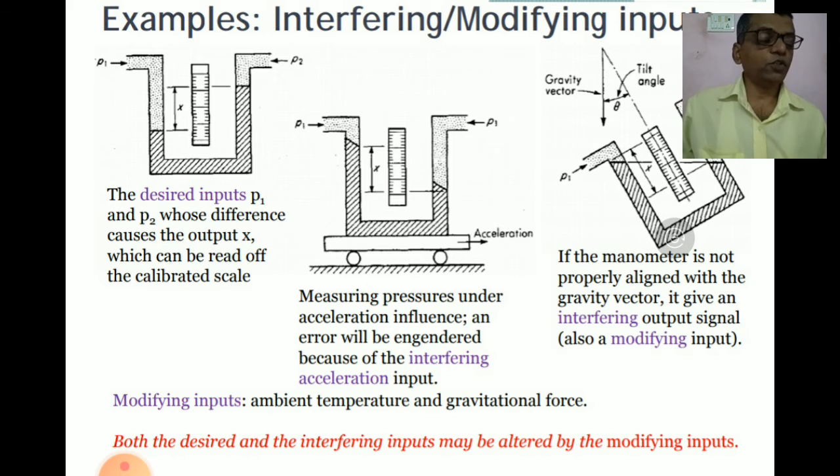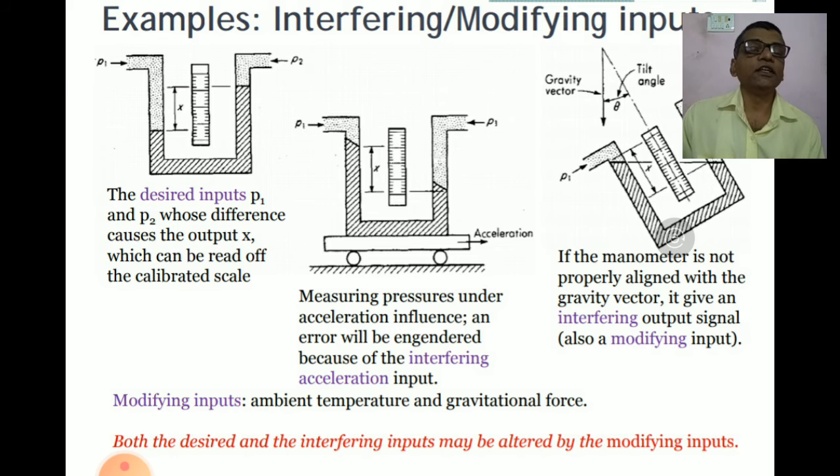The modifying inputs for the manometer are ambient temperature and the gravitational force. You can see at the bottom of the slide. So first, ambient temperature affects the input-output relationship in many ways. In that, first, a change in ambient temperature changes the length of the calibrated scale.